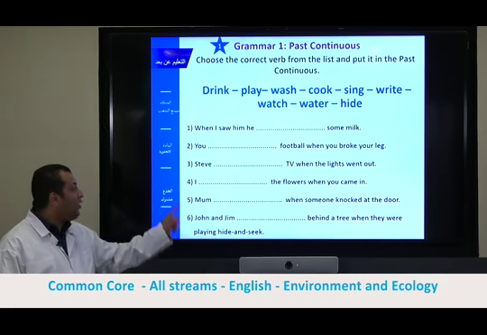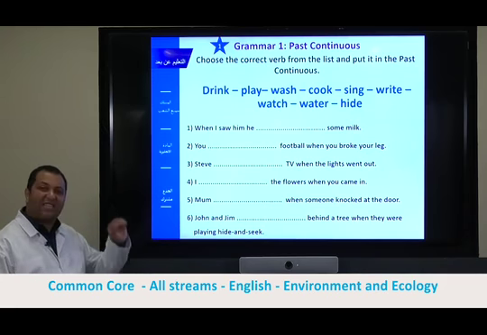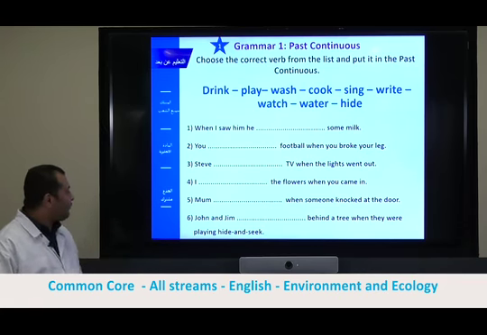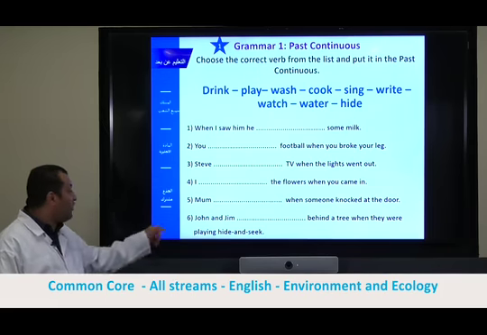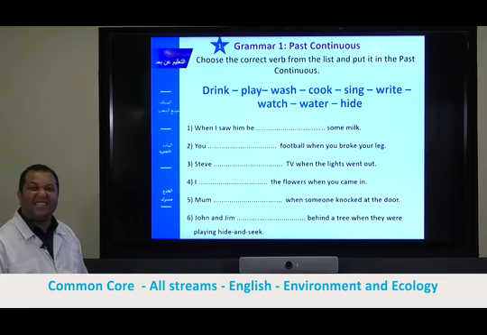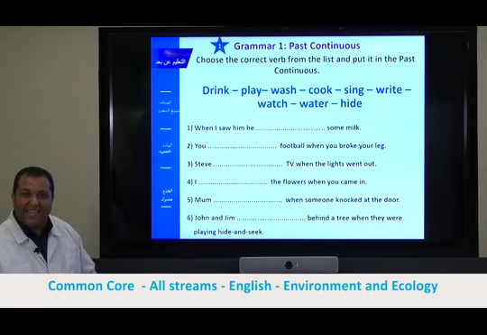Mom blank when someone knocked at the door. And number 6. John and Jim blank behind a tree when they were playing hide and seek. Hide and seek. What we all call cache-cache. Hide and seek. Let's start the correction.